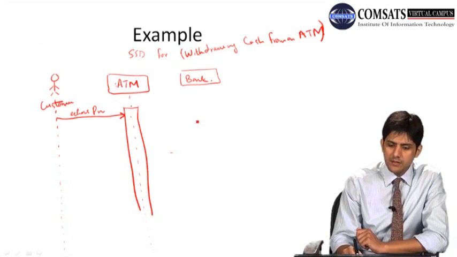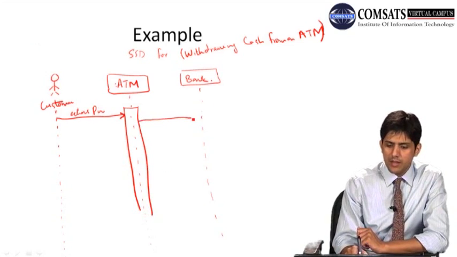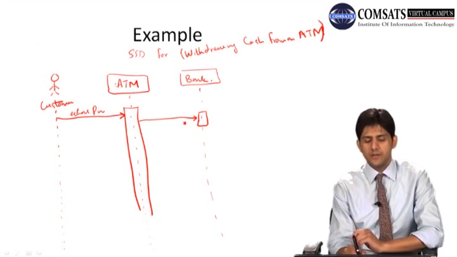अब जब आपने अपनी पिन इसके अंदर एंटर किया, तो as we discussed, this would send a message to the bank to confirm कि जो आपने पिन एंटर की है वो सही भी है कि गलत है, ठीक है.